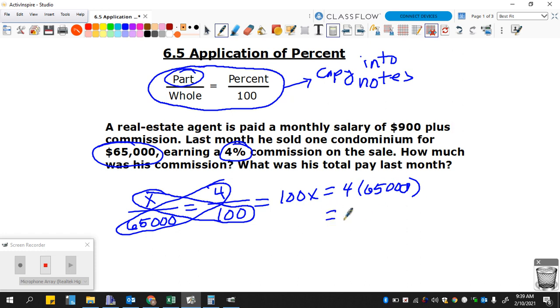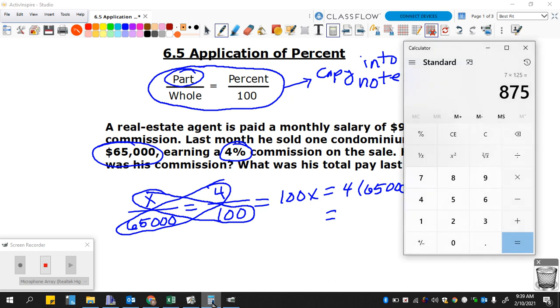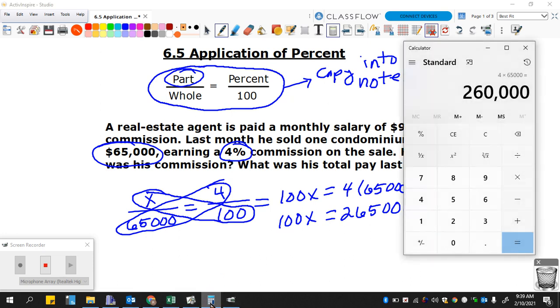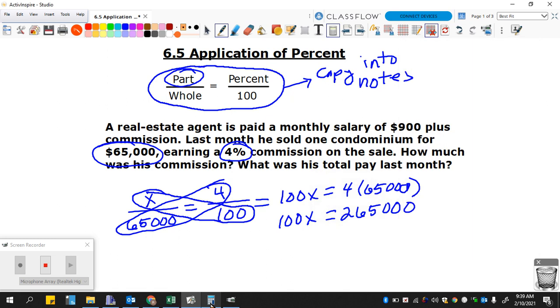So 4 times 65,000 is 260,000. Let me double check. Not 265, just 260,000.